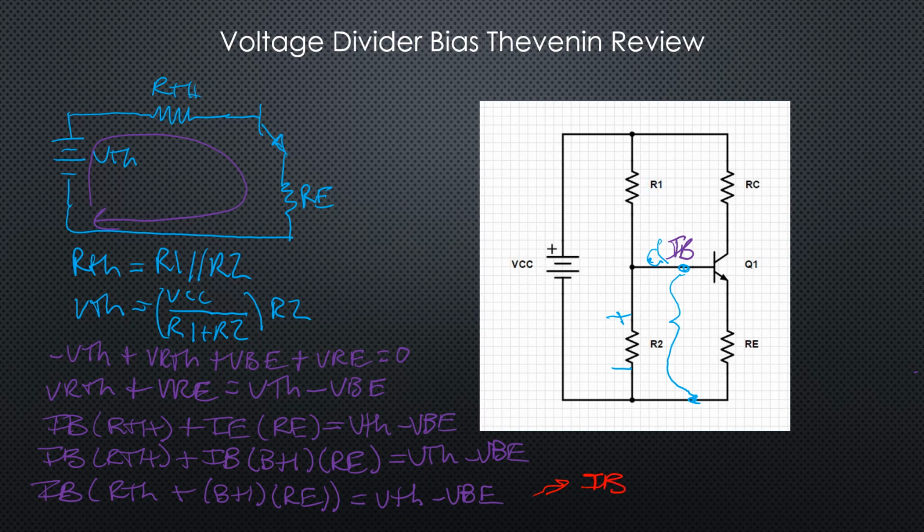IB is equal to VThev minus VBE divided by RThev plus beta plus 1 times RE. And now I've got IB.